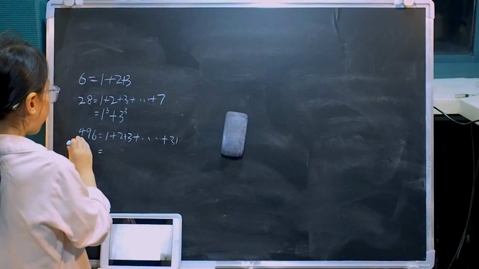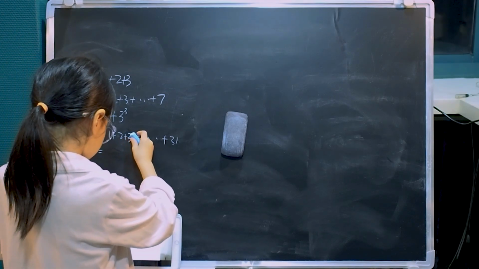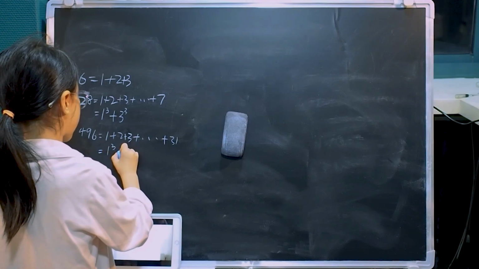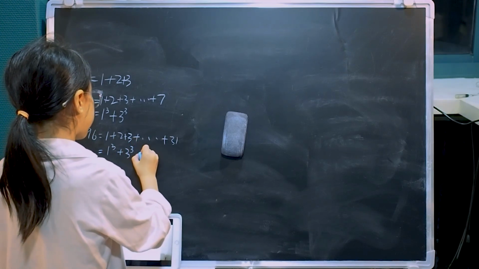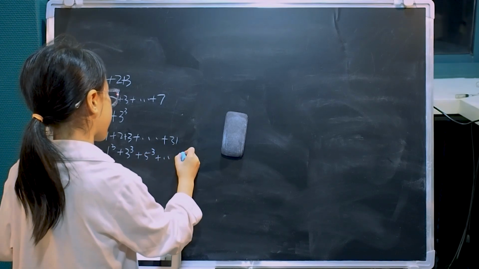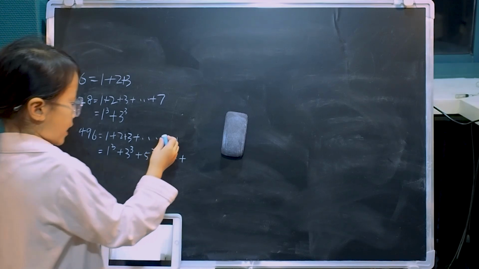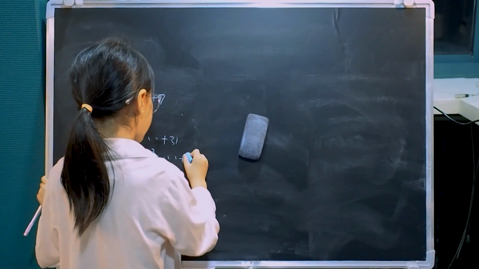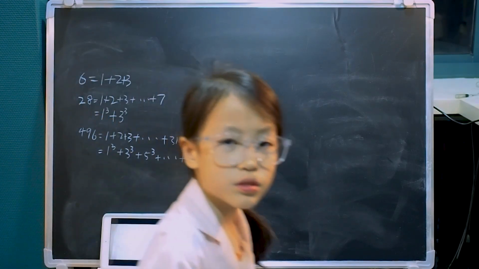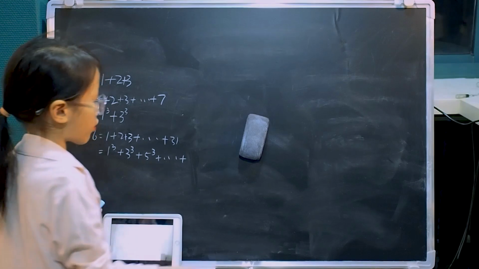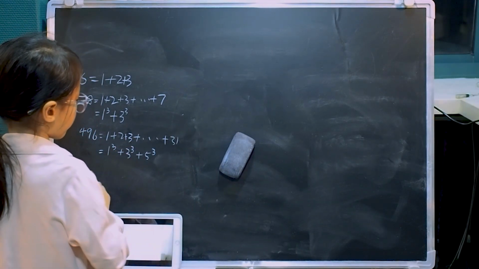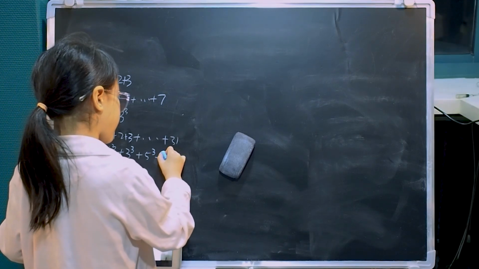And 496 is 1 cube plus 3 cube plus 5 cube and so on. Actually, those are odd number cubes. Sorry, I got it wrong here. It should be just 1 cube plus 3 cube plus 5 cube plus 7 cube.